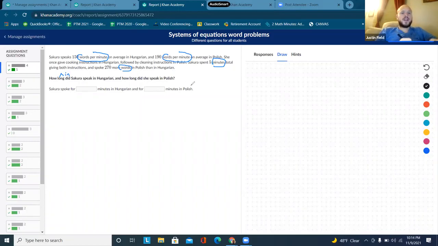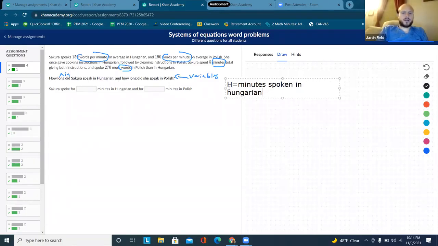So this bold tells us what our variables represent. I'm going to type it since my writing stinks. Okay, so what do our variables represent? H is going to be how long, in minutes, spoken in Hungarian.